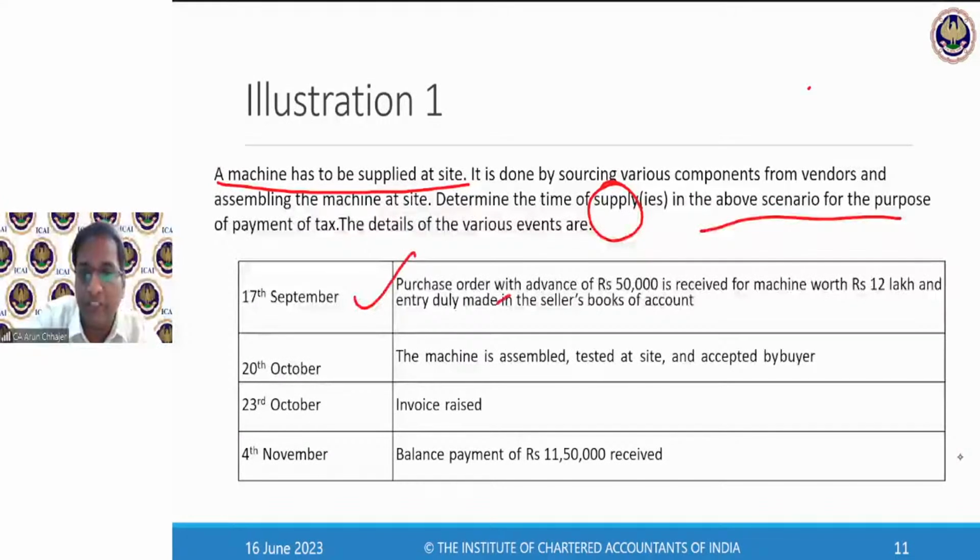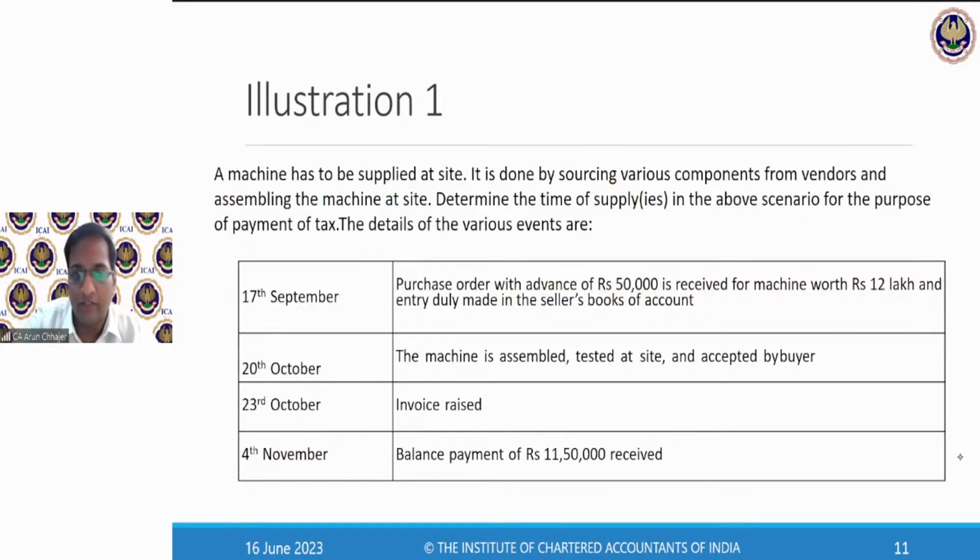On 17 September, a purchase order with an advance of rupees 50,000 is received for a machine worth rupees 12 lakh, and an entry is duly made in the seller's books of accounts. On 20th October, the machine is assembled and installed at site and accepted by the buyer. On 23rd October, the invoice is raised. And on 4th November, the balance payment of 11,50,000 is received.